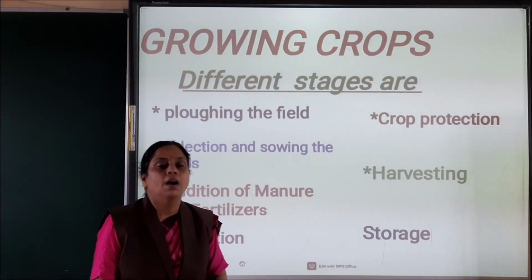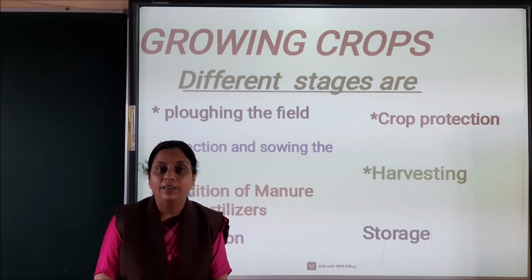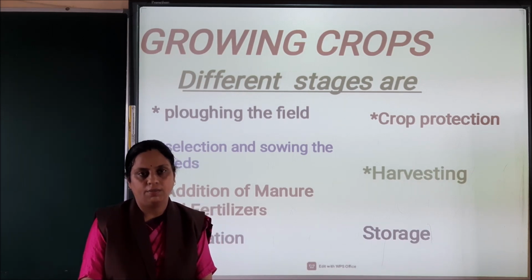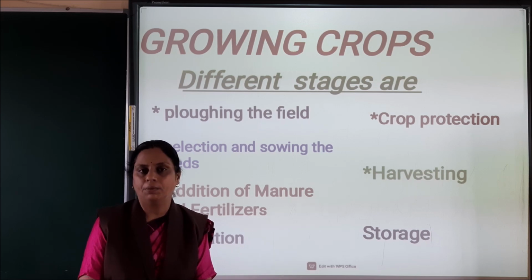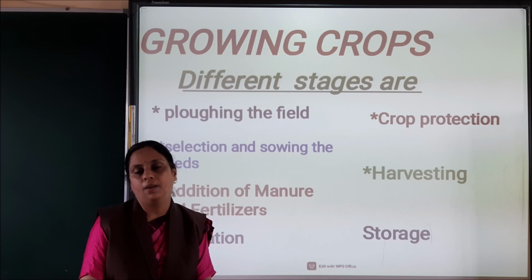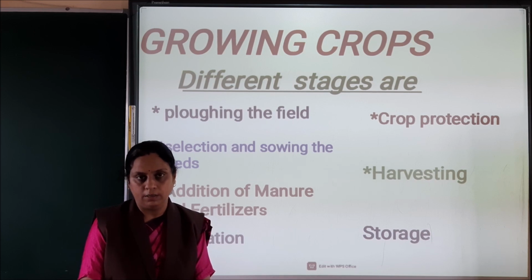Now children, tell me one thing. When farmers grow the crops, they keep many things in mind so that healthy crops are grown, because they have to feed the entire population of the world.